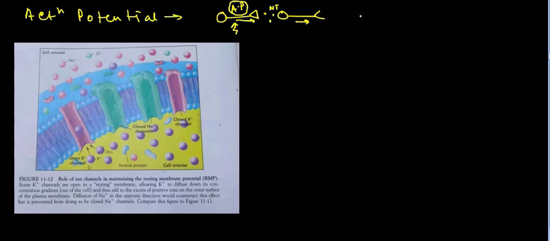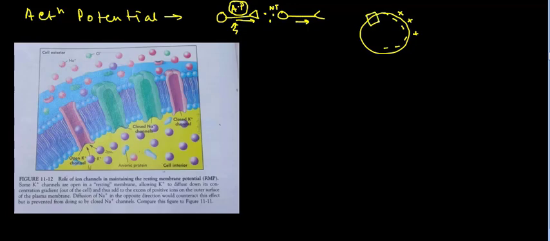Usually, in all cells the interior of the plasma membrane remains negative compared to the outside, so a polarity develops. The outside of the plasma membrane is always positive and the inside remains negative.